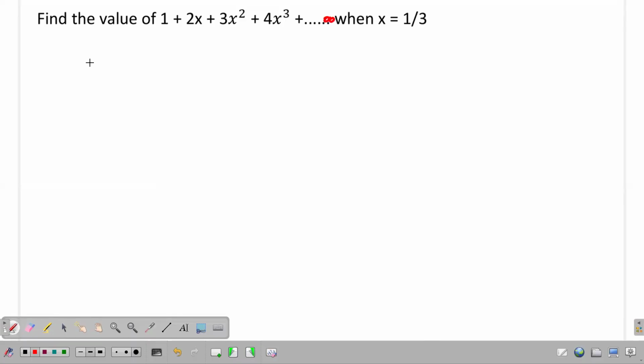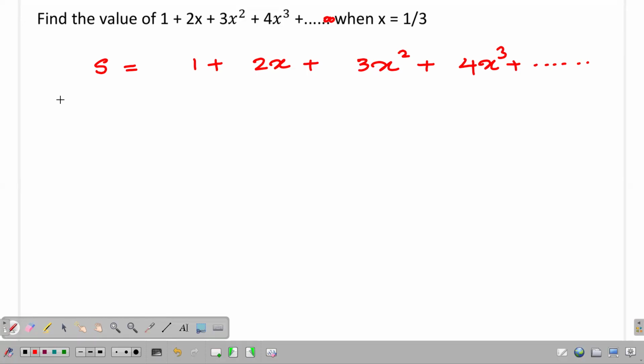So let me do one thing. I will say that the sum S is equal to 1 plus 2x plus 3x square plus 4x cube plus etc. So to start with, I have it like this. Now, let me multiply this with x on the left hand side and right hand side.